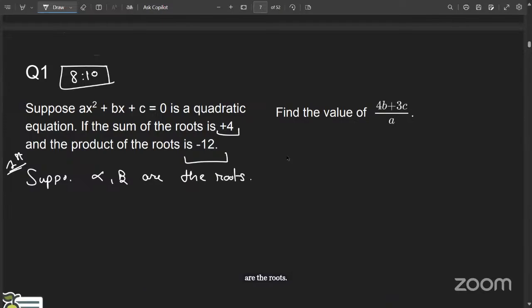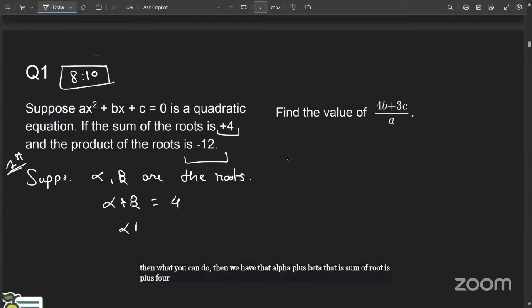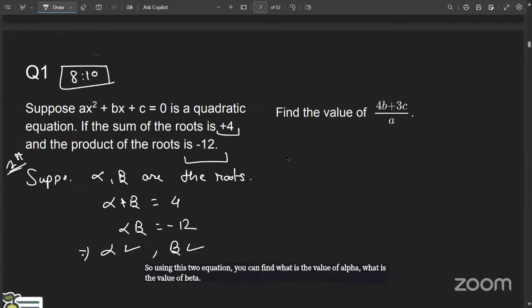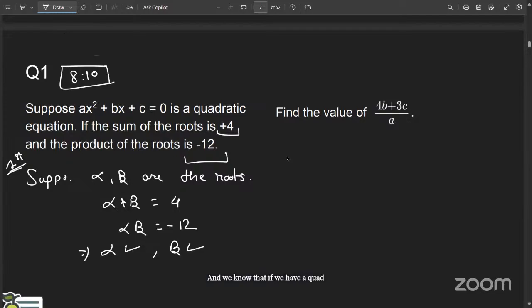Then we have alpha plus beta, the sum of roots, equal to plus 4, and the product of roots, alpha beta, equal to minus 12. Using these two equations you can find the values of alpha and beta. We know the quadratic equation will look like A times (x minus alpha)(x minus beta) equals 0.